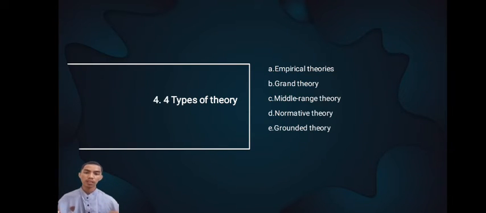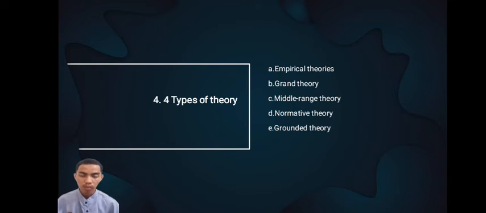And the next is the types of theory. The first is empirical theories, the second is current theories, the third is middle range theory, the fourth is the normative theory, and the fifth is grounded theory.